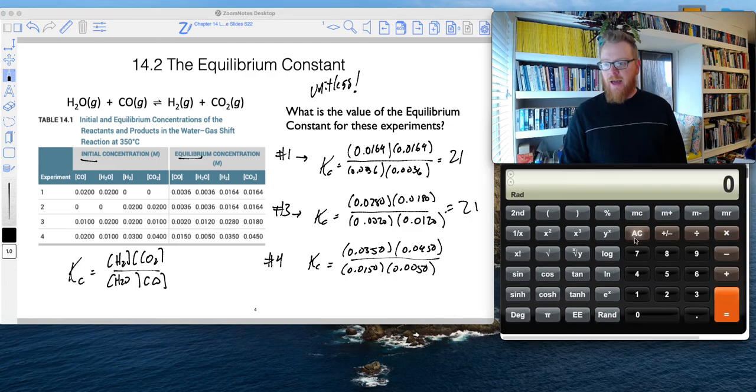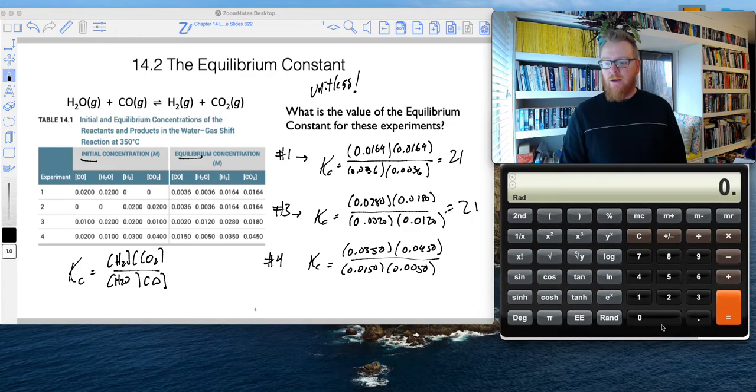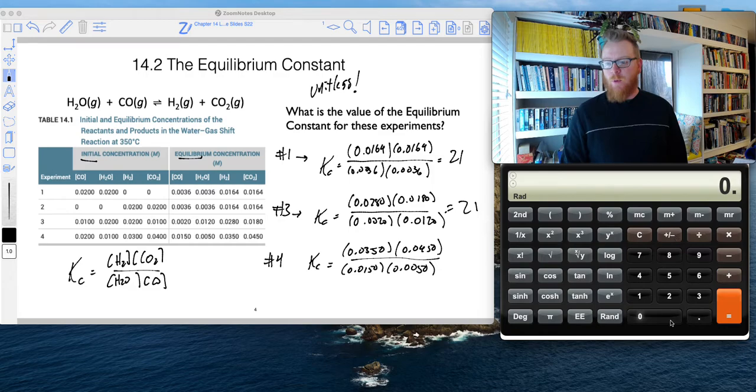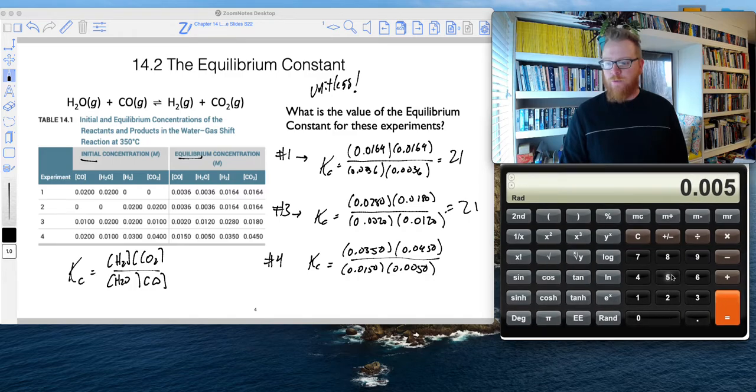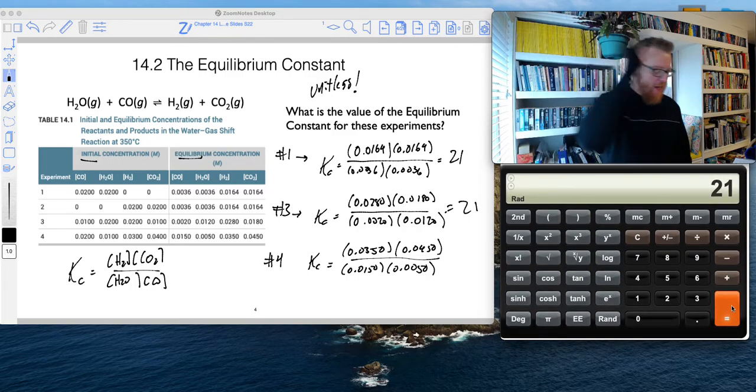So we'll clear that answer out. So 0.0350. I know I don't have to put the extra 0 in there, but I'm doing it just to be complete. 0.0450 equals. And then now we'll say divided by 0.0150 equals. And then once again, divided by 0.005 equals. And we got 21.